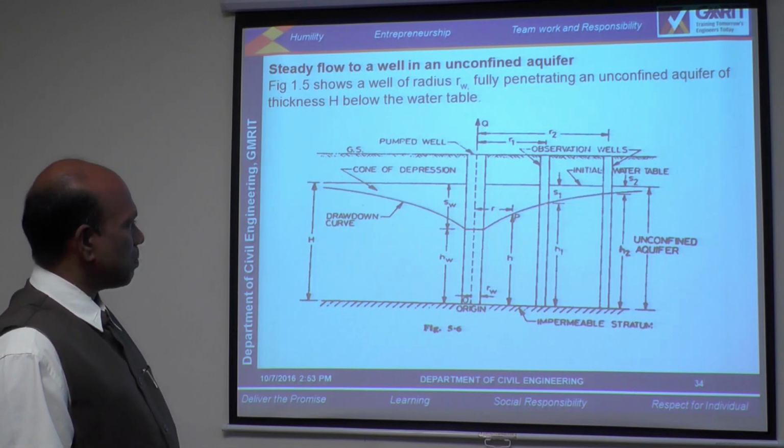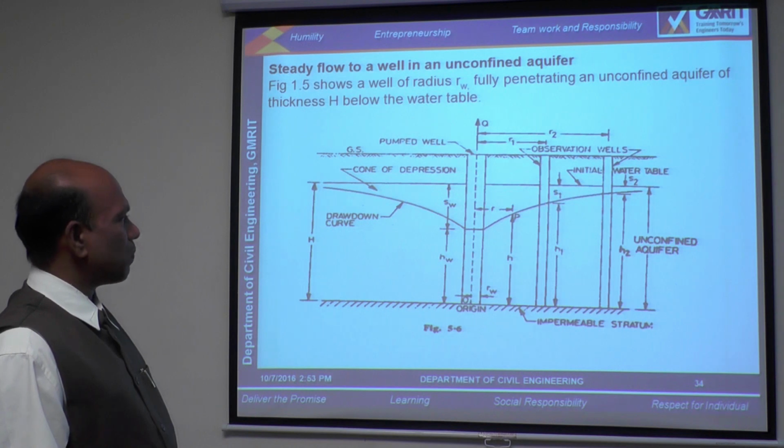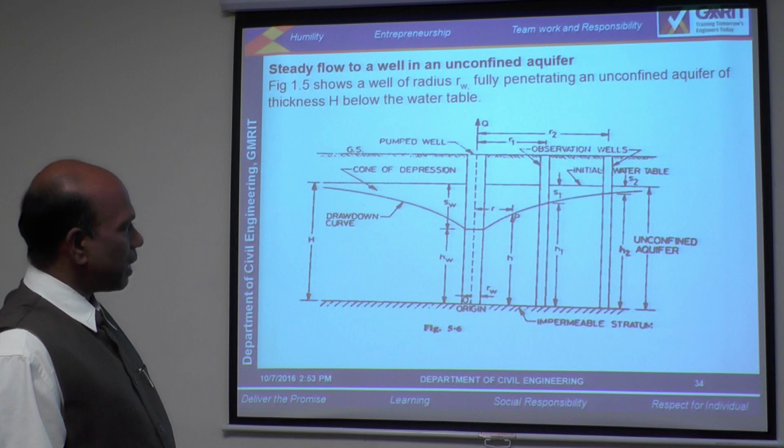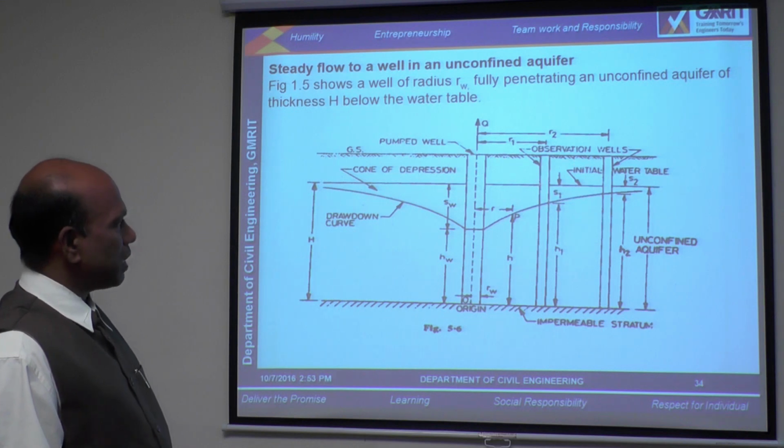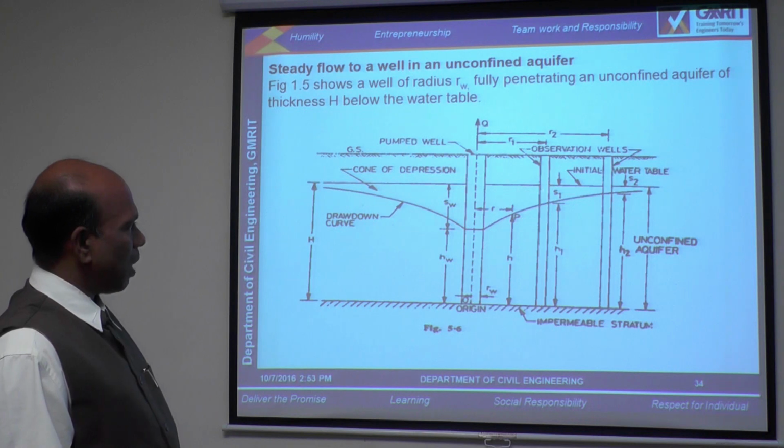Because this observation well is within 300 meters of the main well, it also has some drawdown. This is the initial level, which falls down to this one. This is the drawdown. This is observation well number 1, and the drawdown is S1.